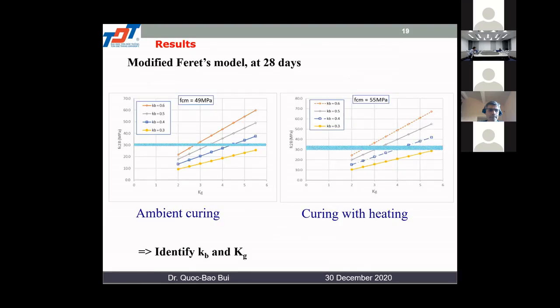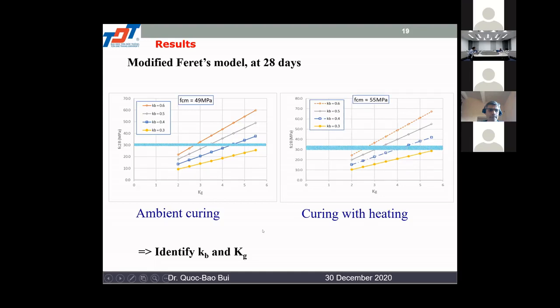The result for the modified Féret model, first we try at 28 days with different KB values and Kg values, and the horizontal line is the experimental result for the ambient curing and curing with heating also.